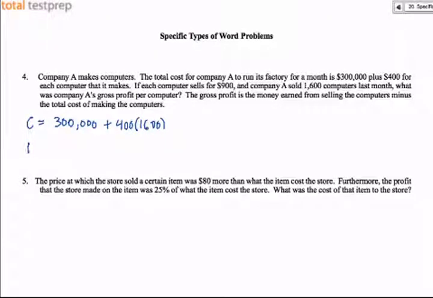The revenue is going to be however many computers the company sold times the selling price of each computer, which is 900. That's the total revenue that this company makes.